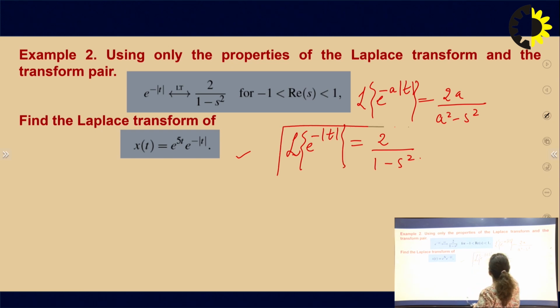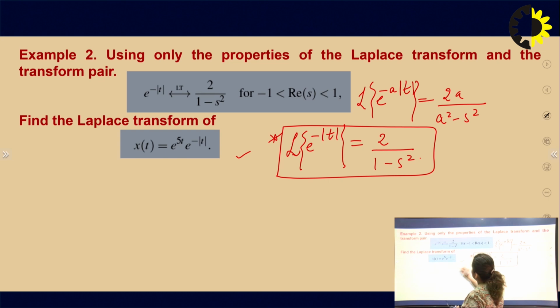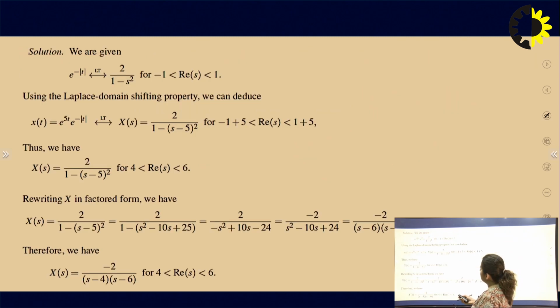As we know this already, we can find the Laplace transform of e to the power 5t times e to the power minus mod t by using the frequency shifting property of the Laplace transform. As we know, the Laplace transform of e to the power minus mod t is 2 upon 1 minus s square, and the roots here are at s equal to 1 and s equal to minus 1.